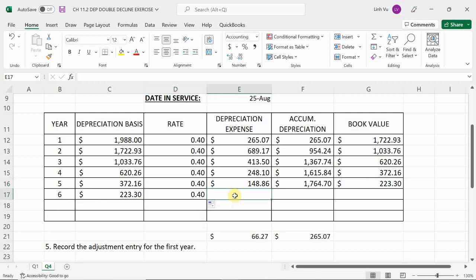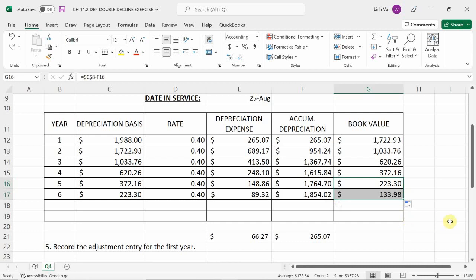Okay, it would be 89.32, giving me an accumulated depreciation of $1,854.02, bringing me a book value of $133.98. $133.98.